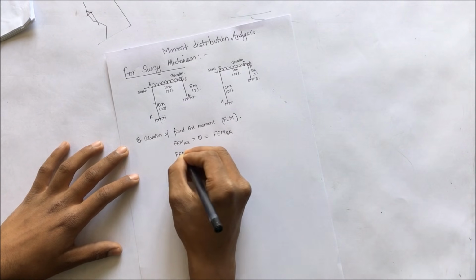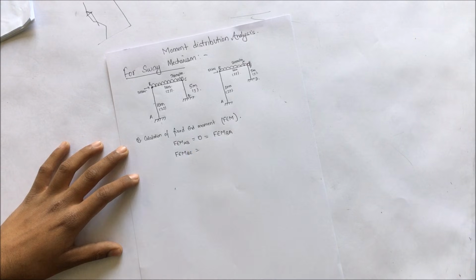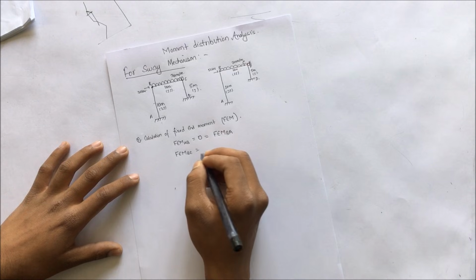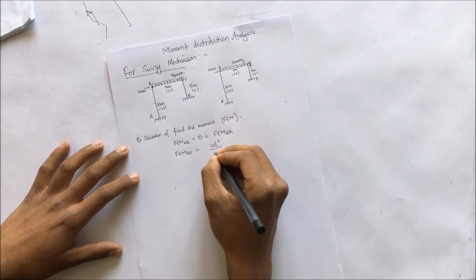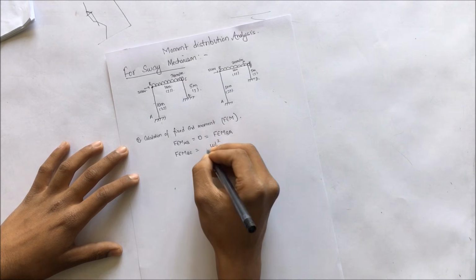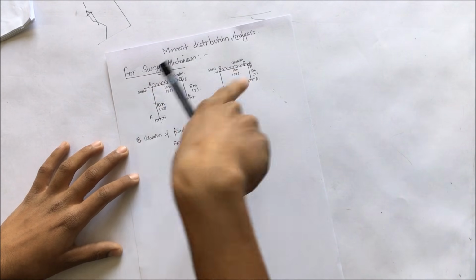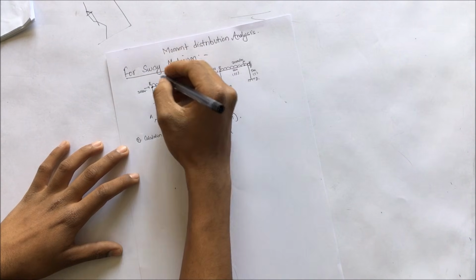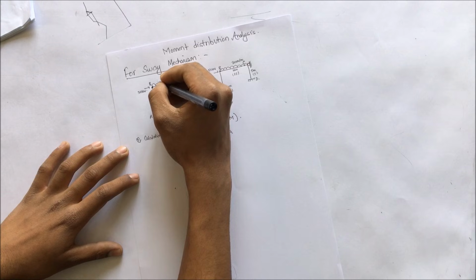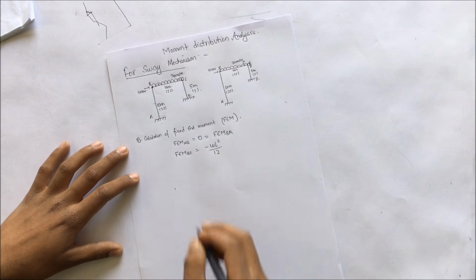Fixed end moment for BC, there is a UDL, uniformly distributed load. So for this the formula is WL square by 12. One thing to be noted, minus sign, because it will be acting anti-clockwise. We are moving from B to C, so the load will be acting in this direction, so it will be anti-clockwise.